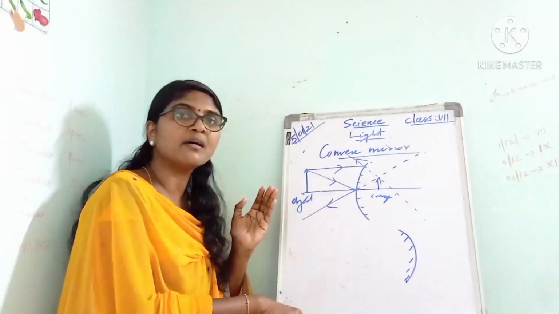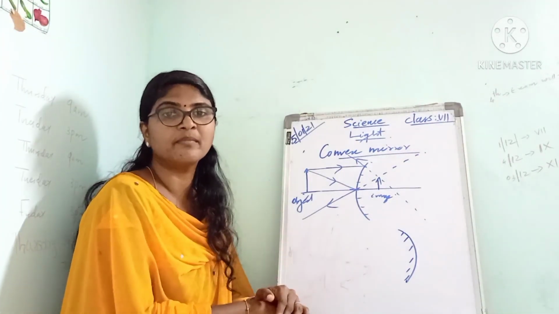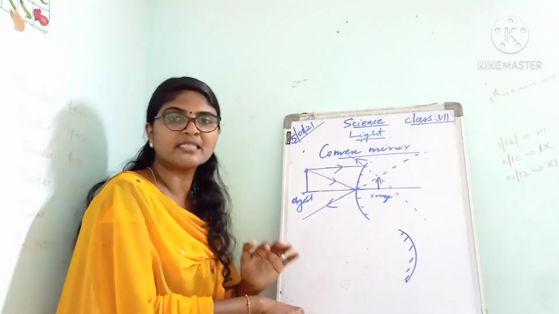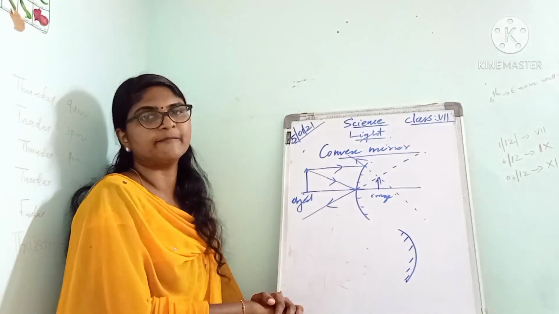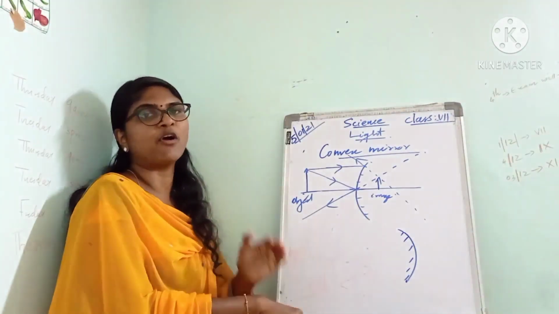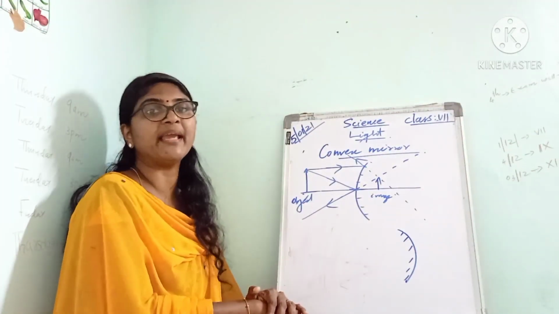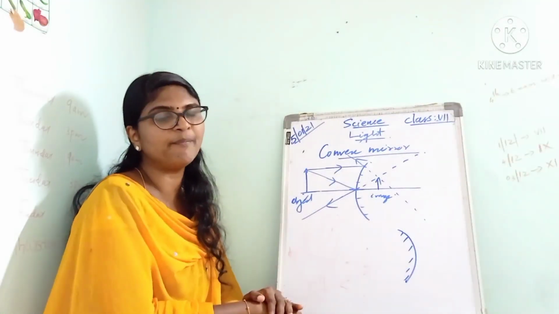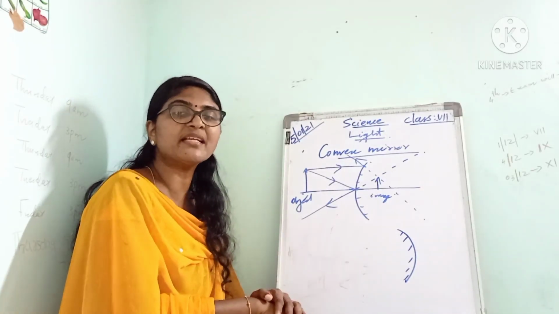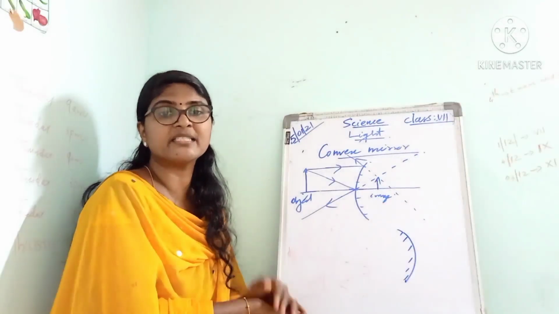Convex mirrors do not form real images. They only form virtual images.